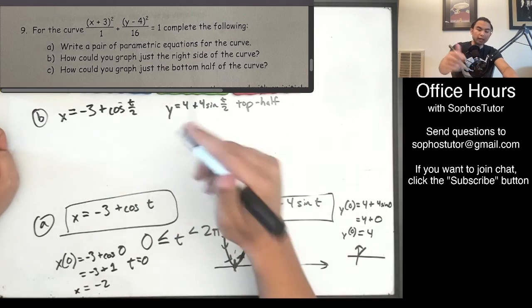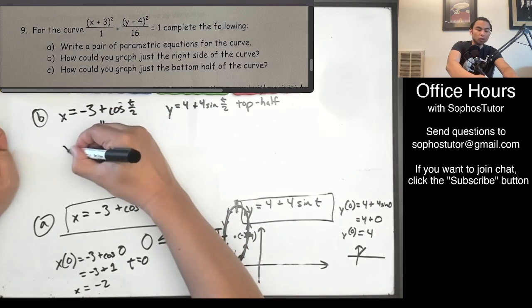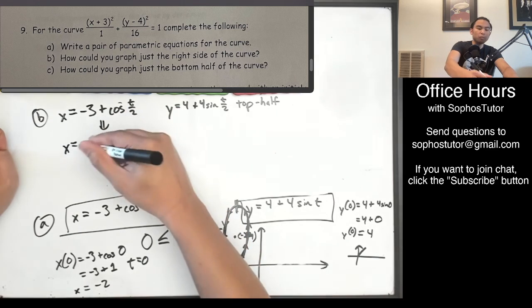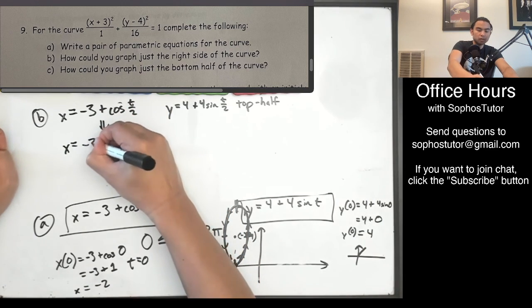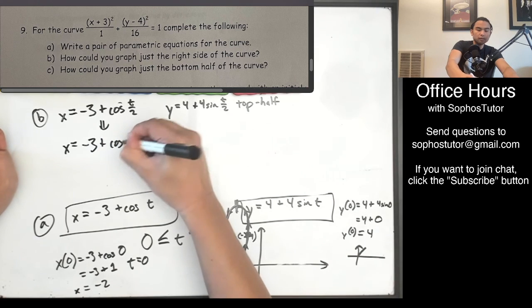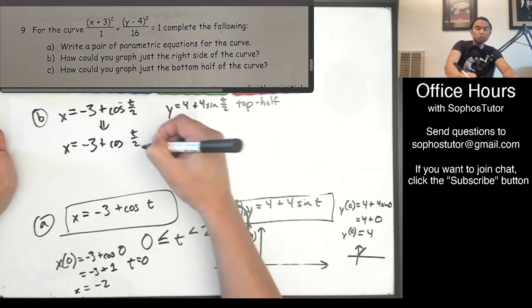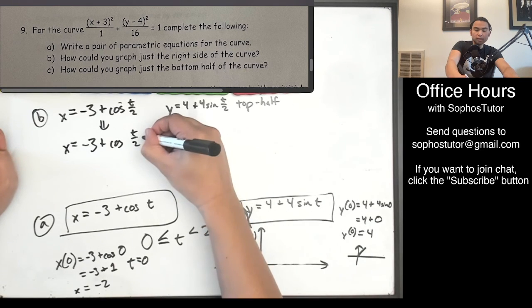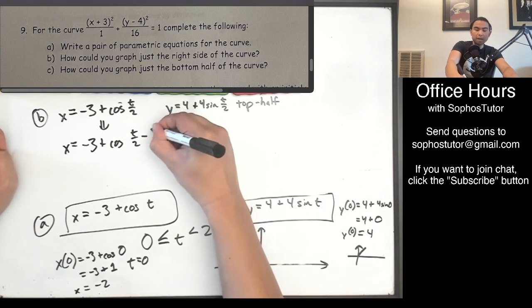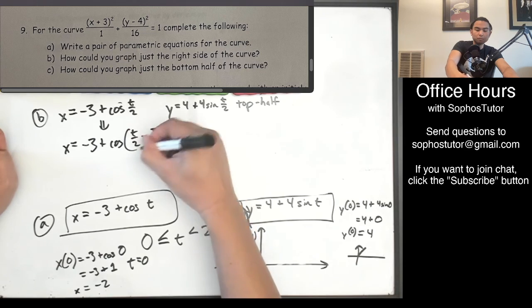So we can change these equations so that we can offset the starting point of the angle that we're taking. In this case, we're going to keep the t over 2 part, but we can also subtract pi over 2.